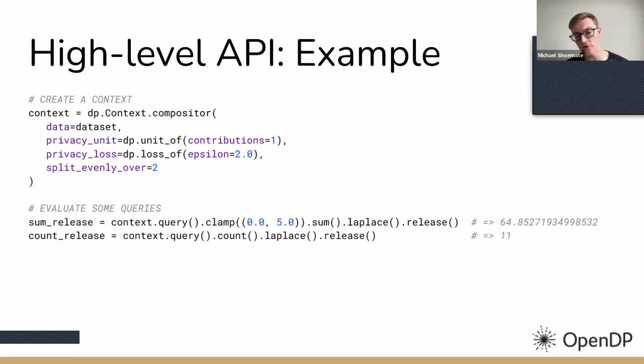Instead of explicit clamping, sums, Laplaces, just trying to keep things simple, trying to trim things down. Instead of DP Laplace, it'll be just like private sum, dot release, and you've got your release.